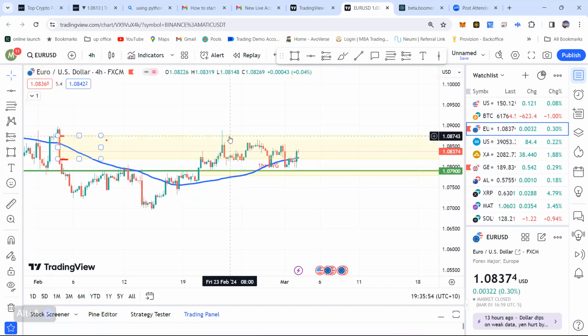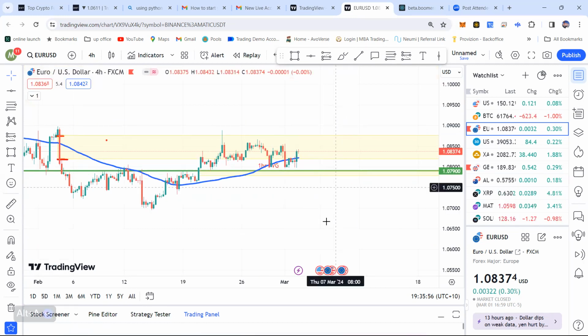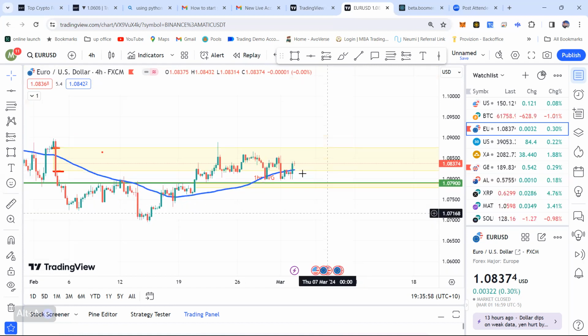So the market may be changing structure and starting to go up. But I'd say there'd be no doubt that the market would drop down in here and mitigate this last little order block. And then if it was going to start an uptrend, let's assume that this is the start of an uptrend, the market's still going to duck back down here before continuing that uptrend.